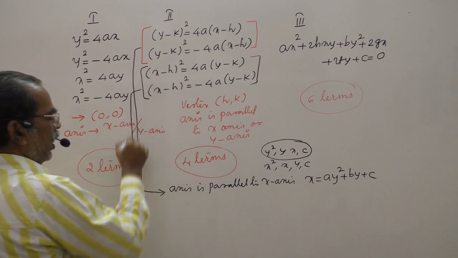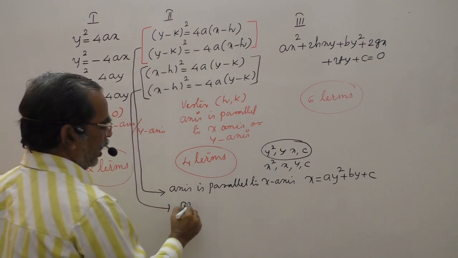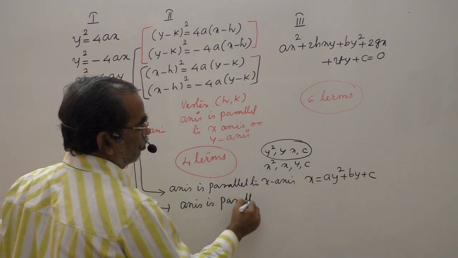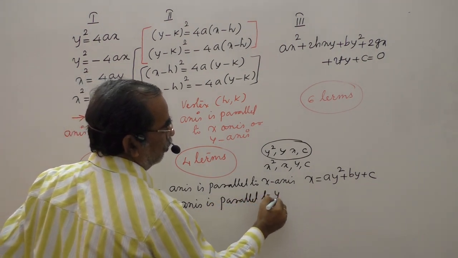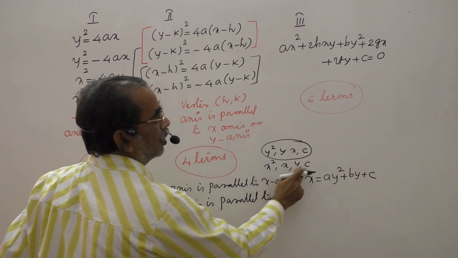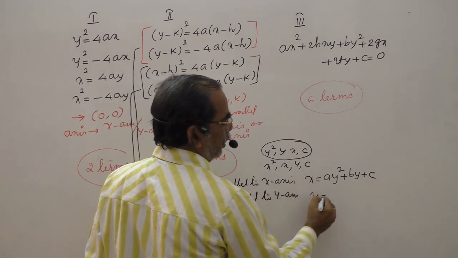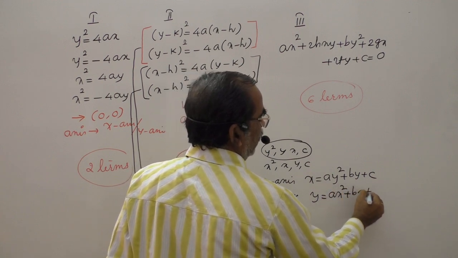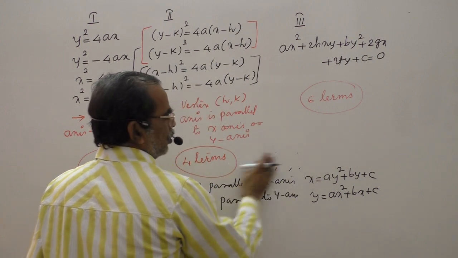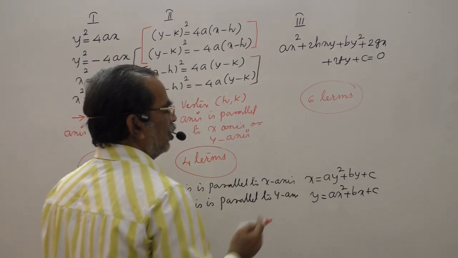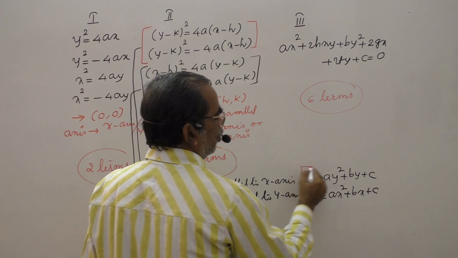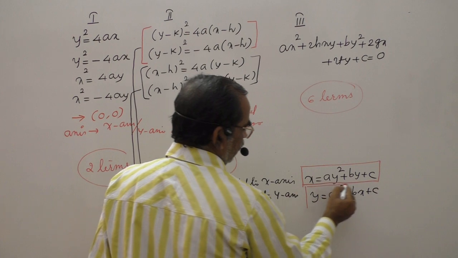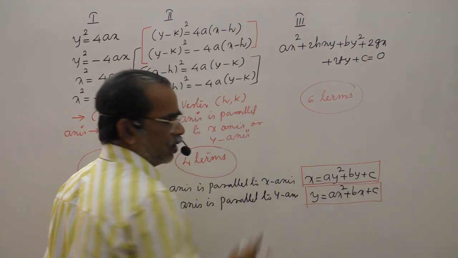Next, for these parabolas for which the axis is parallel to y-axis, these are the terms. Therefore, its equation is y is equal to ax square plus bx plus c. So this should be remembered. For some problems we will use this. If the parabola is in the second set, it contains 4 terms.